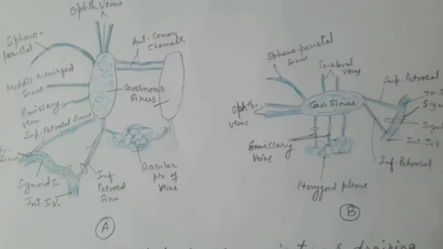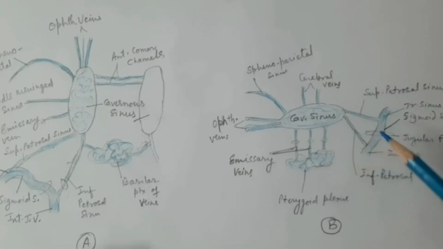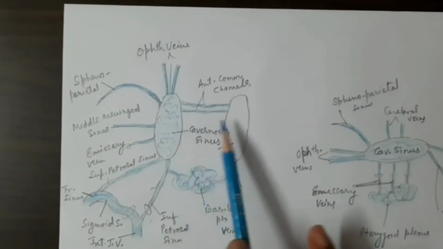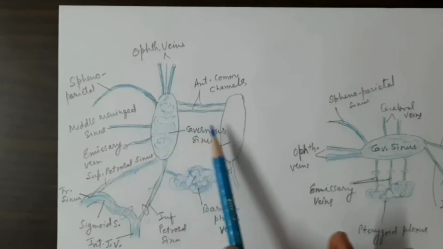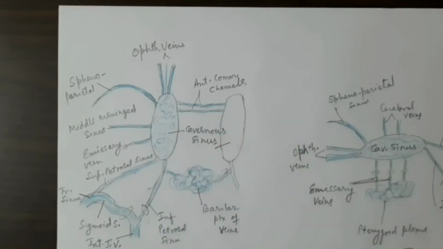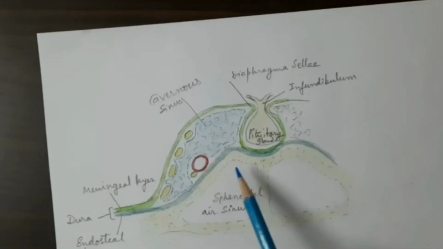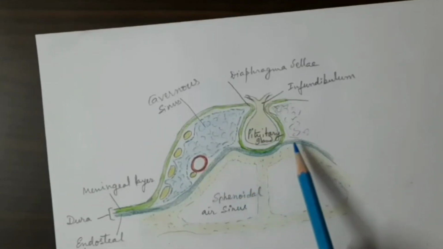Let us come to the next aspect of this. It is the communicating channel. Communicating channels are the channels communicating between the right and the left cavernous sinus. This communication between the right and left cavernous sinus passes deep to the pituitary gland, that is, through the pituitary fossa.